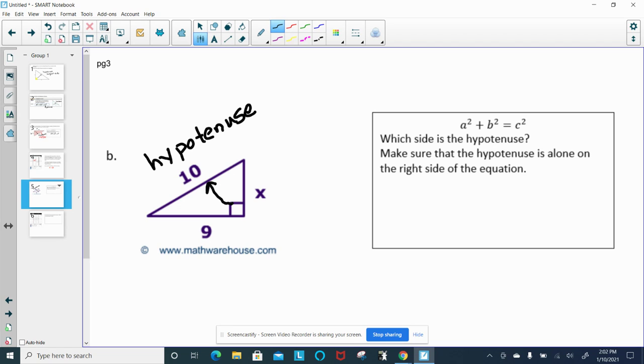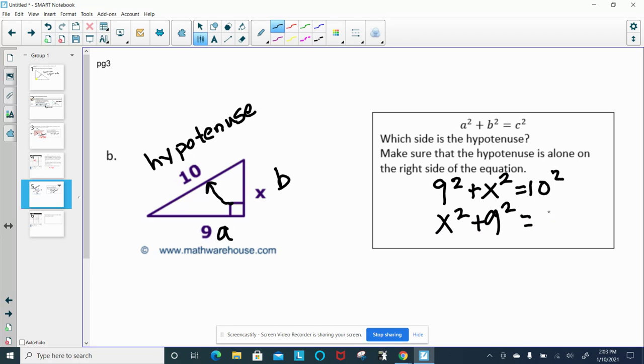So that's going to be my C. The 9 and the X are going to be A and B, and it doesn't matter which one. Or you could have written this. But the 10 has to be by itself on the right-hand side.